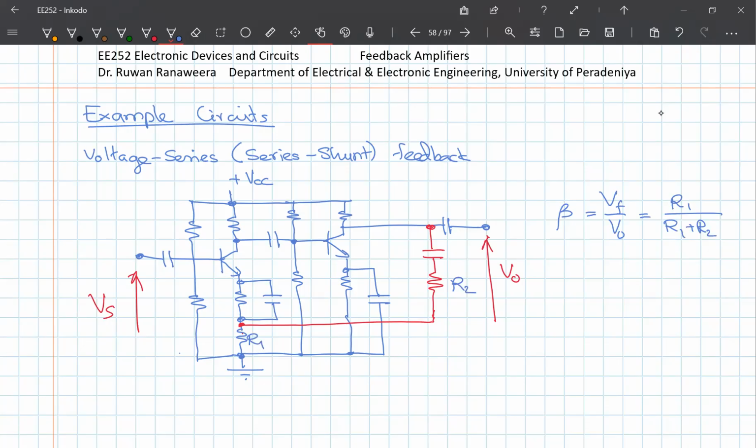Now, if I give you some typical values, say for example, 50K, 47K, 10K, 47K, and this one is 100 volts, 47K.